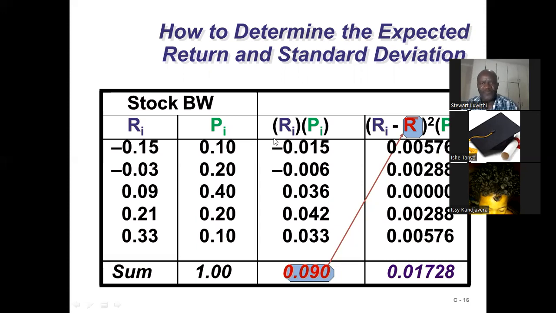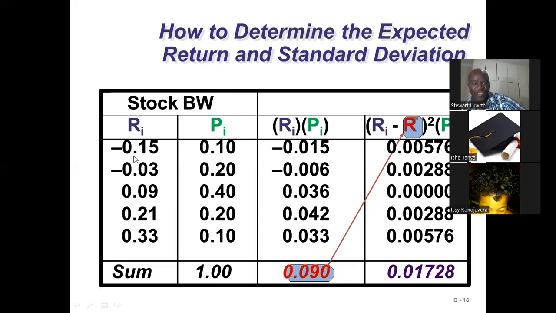Now, first of all, this is the part that we played to get the expected return. This is our R bar, which is just a summation of this. Now, what we are going to do with this figure is take R, this one, minus R bar.